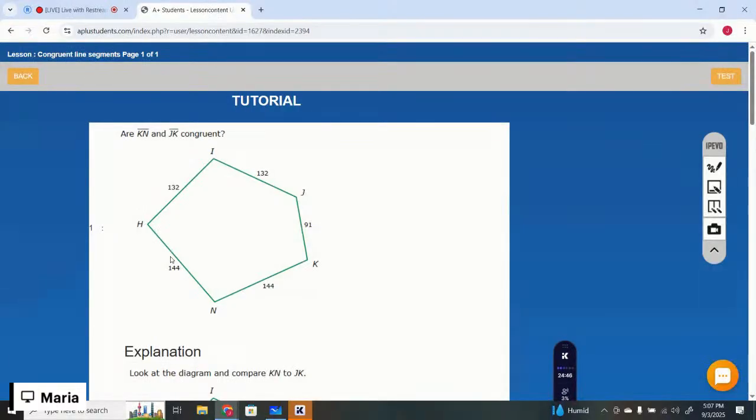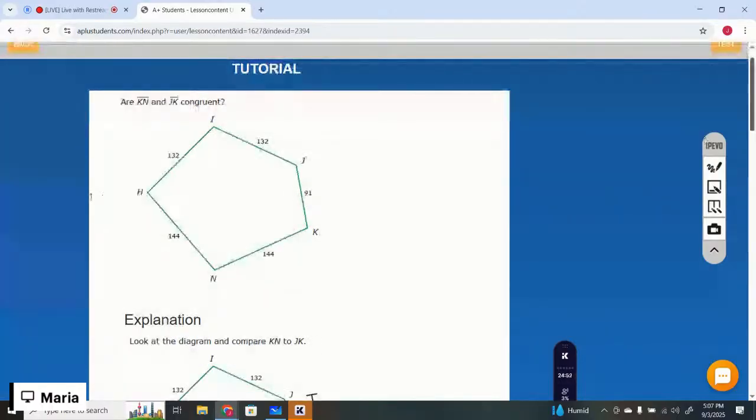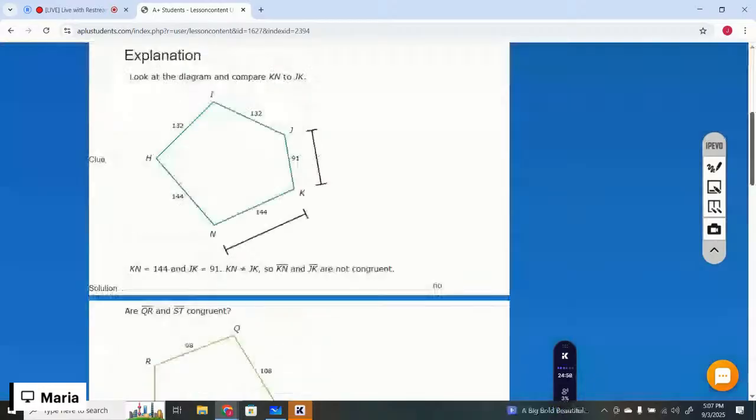Are KN and JK congruent? KN has a side length 144 and JK has a side length 91. So KN and JK are not congruent, right?